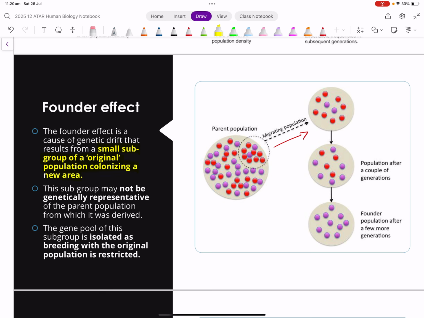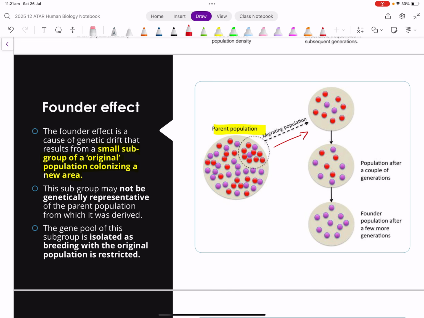If we have a look over on the right, we have this entire parent population, this large group of individuals. Within this large group, we have a particular frequency, which doesn't really matter what it is right now, of red and purple alleles. Now, as the population migrates following that red arrow, you'll notice that we've taken a higher proportion of red to purple than was found in the original population.